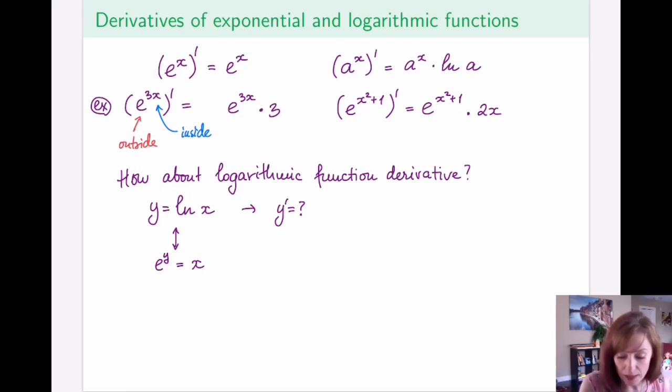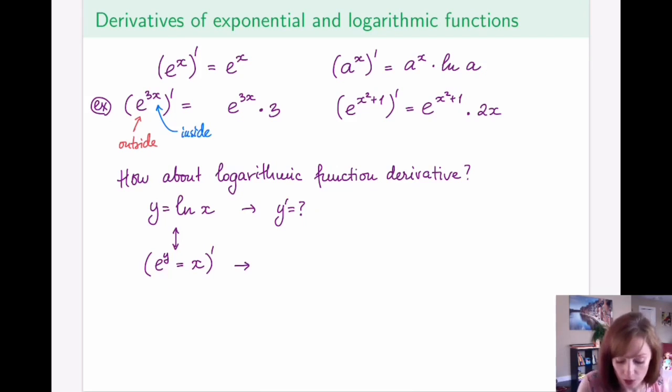Now, once again, I already know how to take derivatives of exponential functions, so I can simply apply implicit differentiation to this entire equation. Okay, so we will take a derivative of that as is. What do we get on the left-hand side? On the left-hand side, we have e to power something.